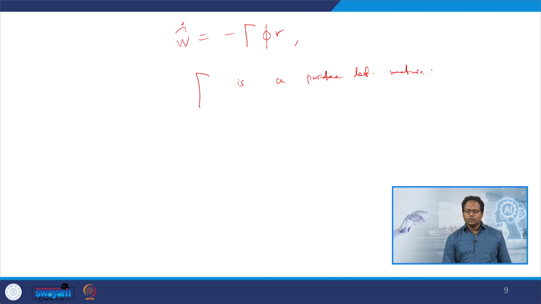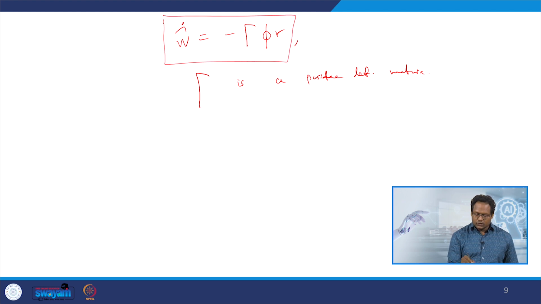So, we have to have the W hat updated at every instant, and the W hat dot is the update law here. That is the situation here in order to approximate the function f of x, so that the network output is f hat of x.